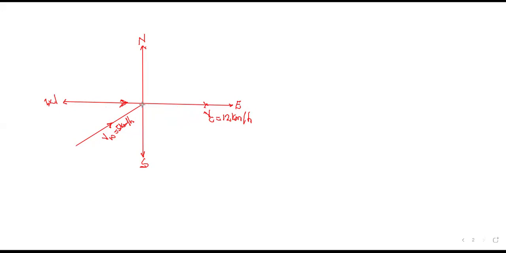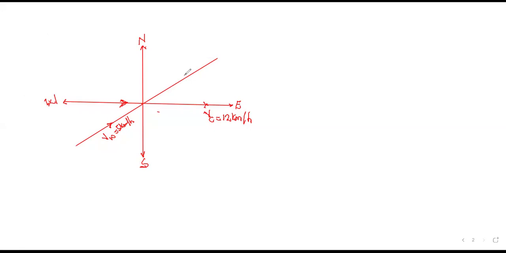Instead of drawing that, we can represent it here and it will be equal to what we are doing, so long as this direction is from southwest, we haven't erred.